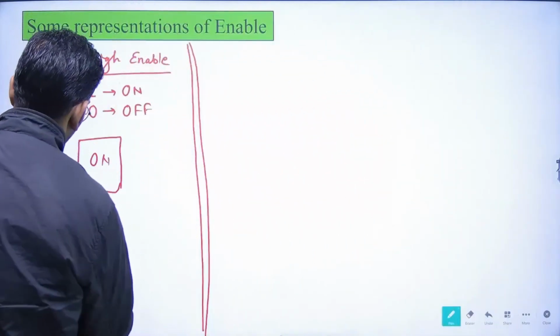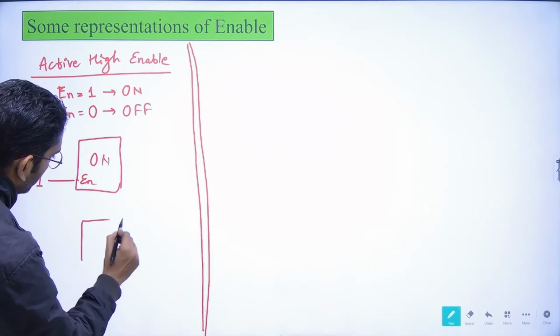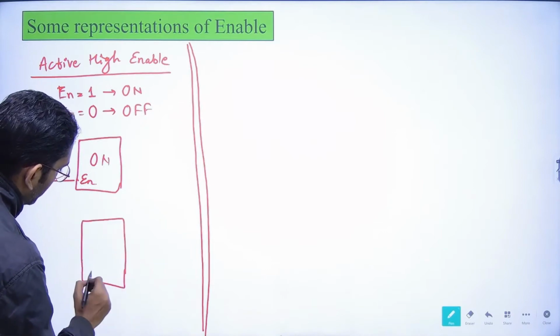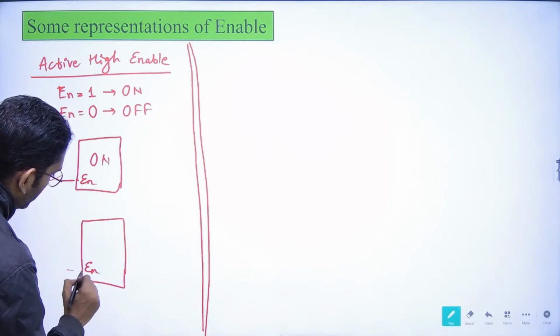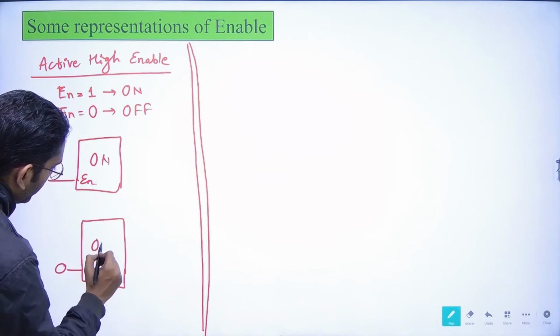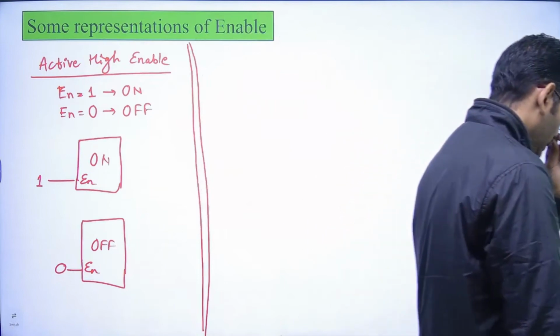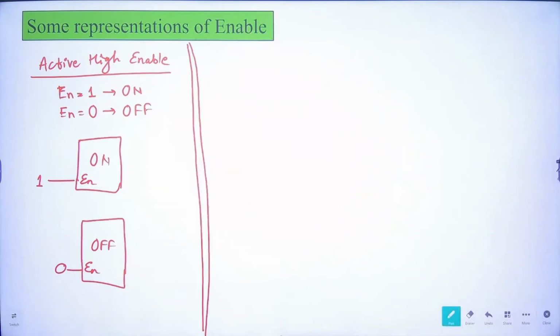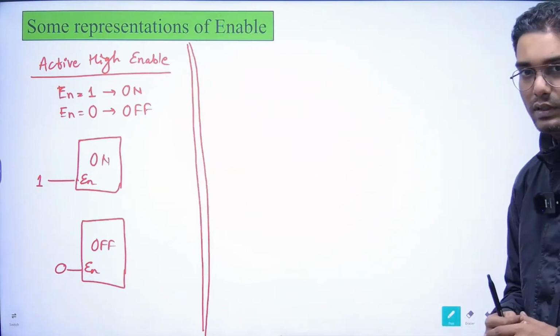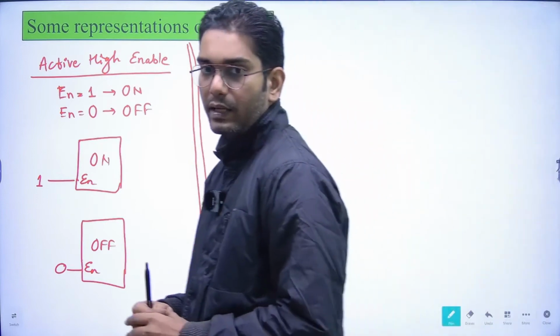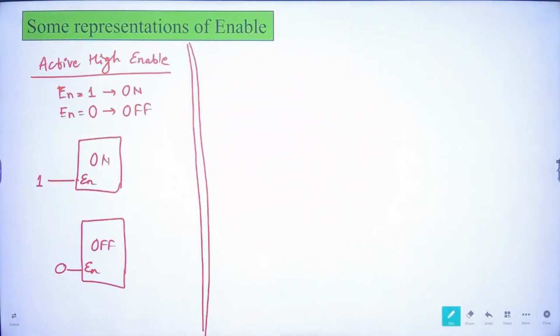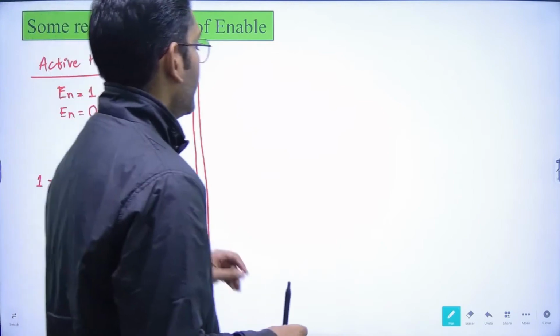Now if enable 0 is there on this input, then it would be in the off state. So this is the simple representation of the active high enable in case of the multiplexer.